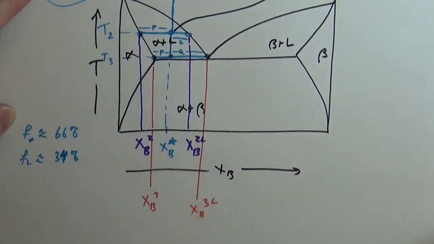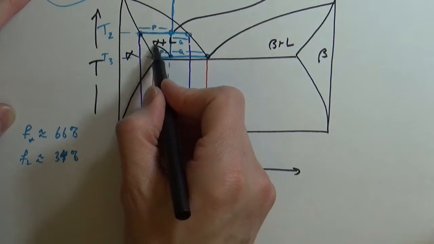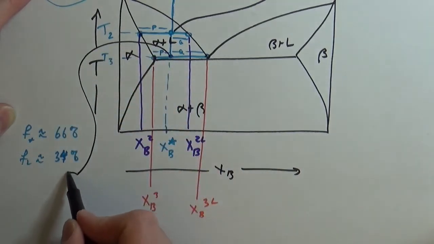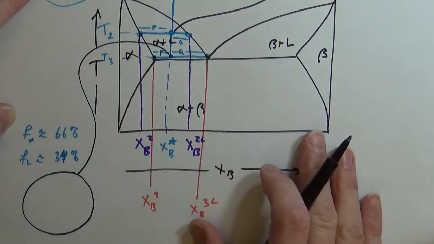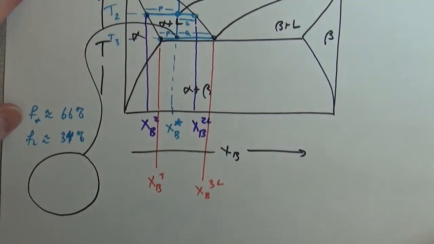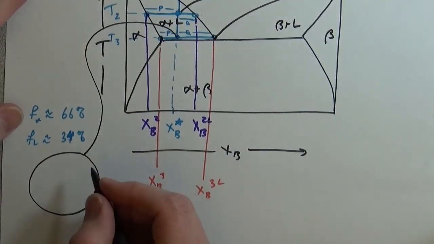So the microstructure at this point is going to look like around 2/3 alpha.